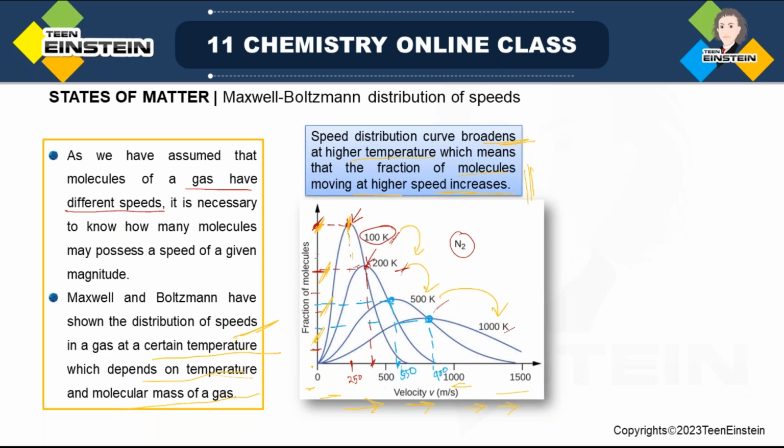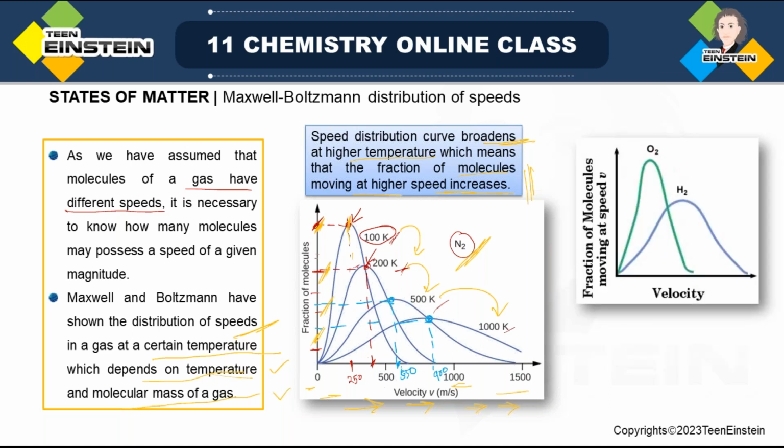So these two points are important. That is why here we have taken only nitrogen, because if you take a different gas, obviously there will be some change, because it is also dependent on the molar mass of the gas. So in this graph you can understand from these four different temperatures how the curves are changing their nature.